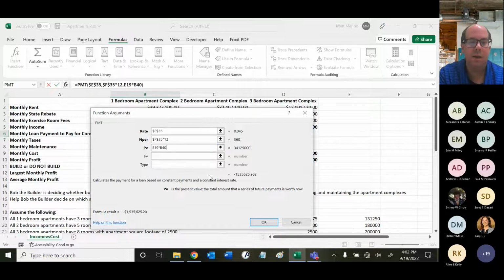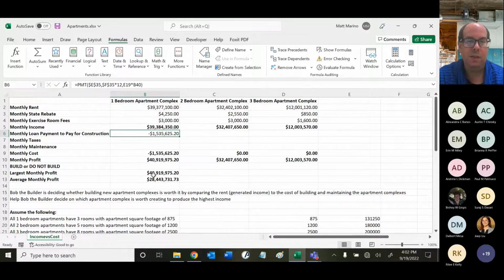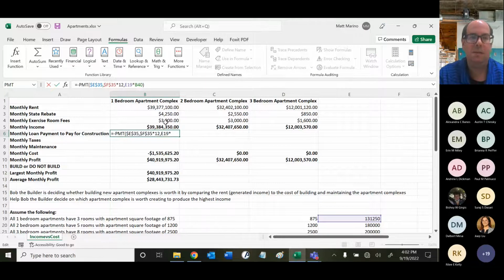So we're going to do the trick here. We don't want this to be a negative number like it's going to be. We want it to be a positive, right? So when you click OK, click back into the cell and put a minus sign in front of the PMT. Because I'm sure you guys learned in like 3rd grade maybe that a negative times a negative is a positive.